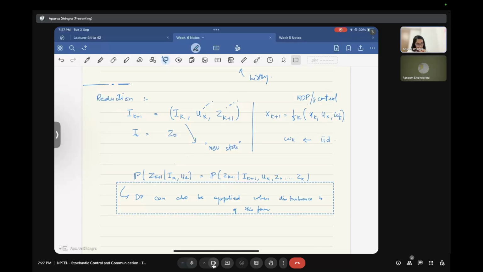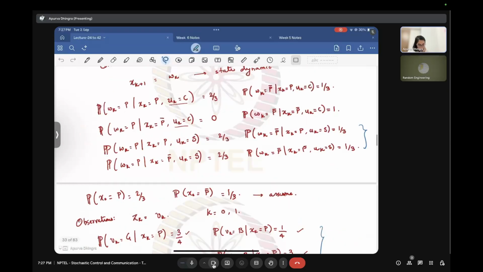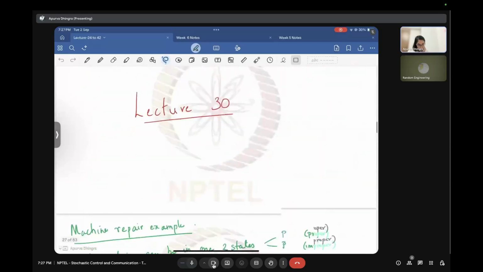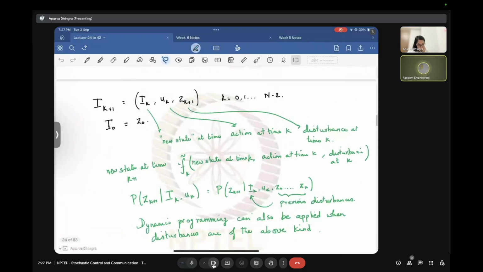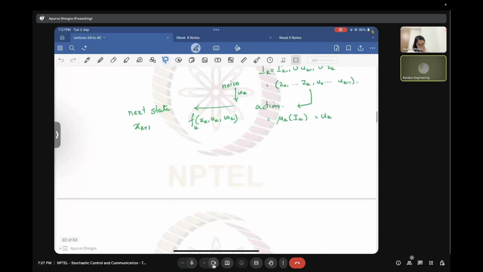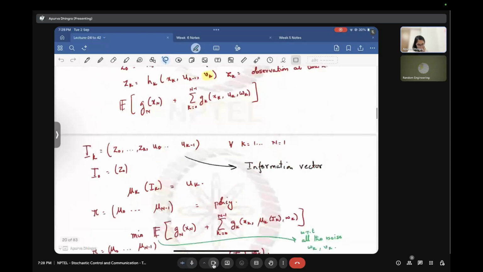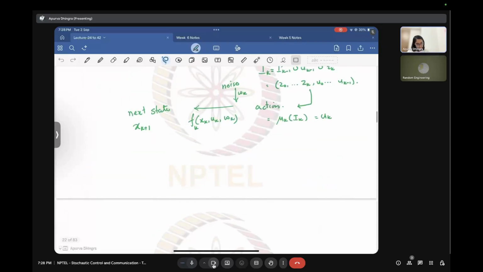Because I k plus one has information of z k plus one. I can just confirm. Hold on. Correct, correct. I believe it should not be ik plus one. It should just be ik.